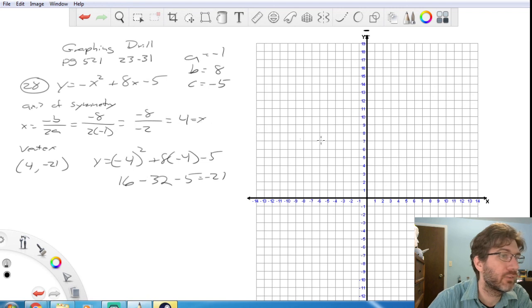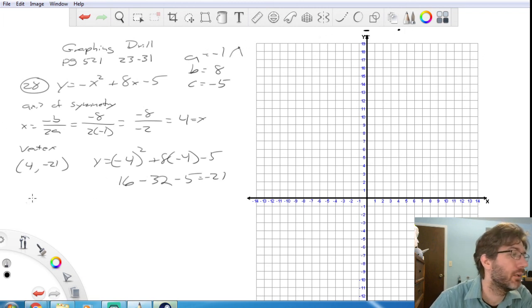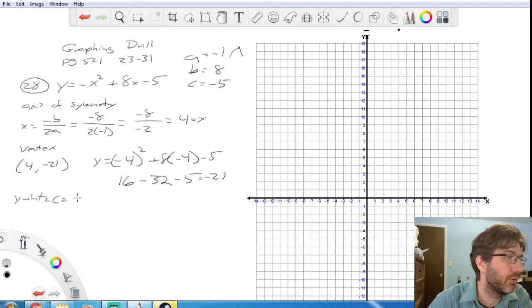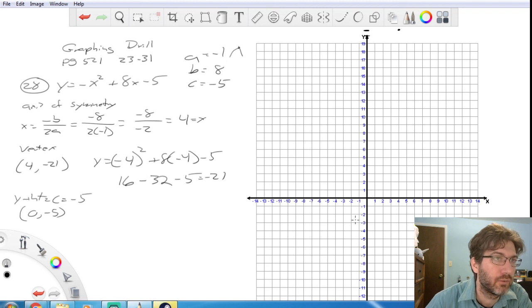So our vertex is at 4, 21. This here is our max. We should be getting a max because this is negative, so that's not going any higher than that. Let's get our y-intercept, which is the easiest, because that equals c, and c equals negative 5. So 0, negative 5 is a point, which is all the way down here. This guy's going to be big.